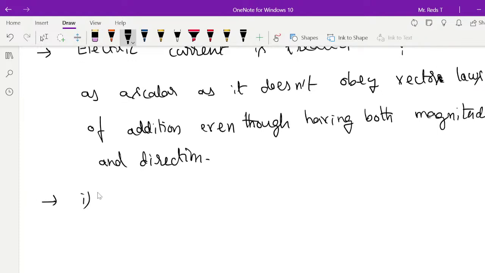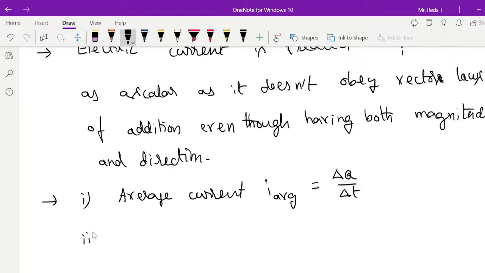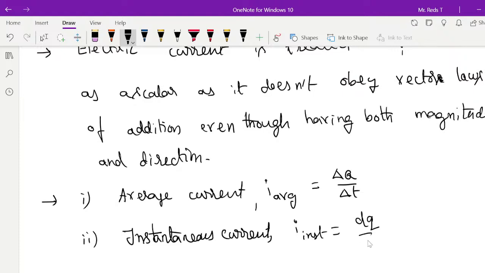Here we come across two mathematical representations. Just remember, average current is given as I average equals delta Q by delta T, whereas instantaneous current I instant equals dq by dt.